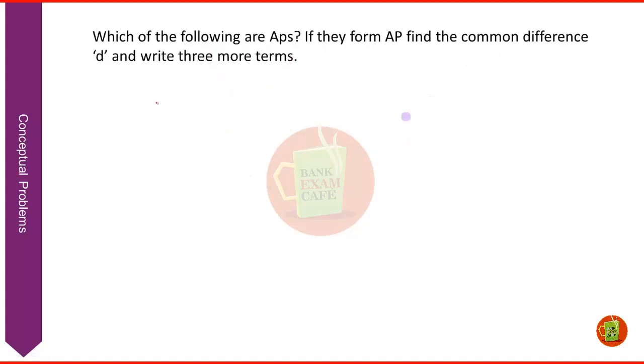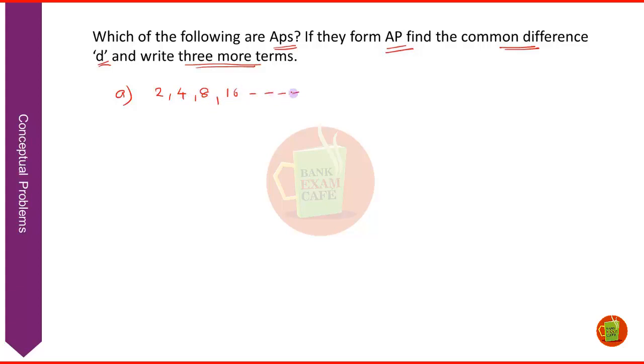Now the next question: which of the following are APs? If they form an AP, find the common difference D and write 3 more terms. Now here is the first question, 2, 4, 8, 16 and so on.